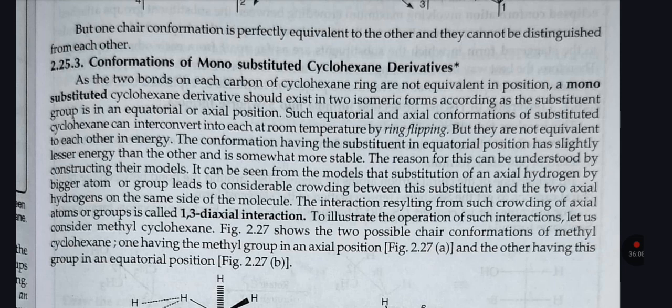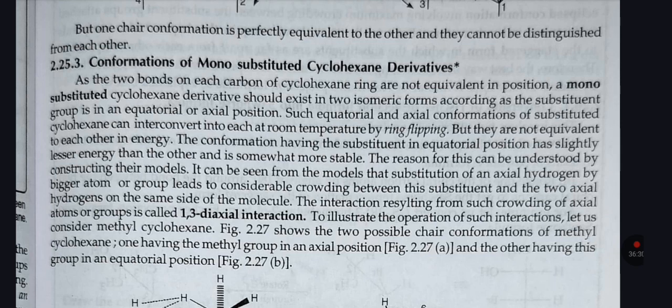Such equatorial and axial conformations of a substituted cyclohexane can interconvert at room temperature by ring flipping, but they are not equivalent in energy. The conformation having the substituent in the equatorial position has slightly lower energy than the other and is somewhat more stable.